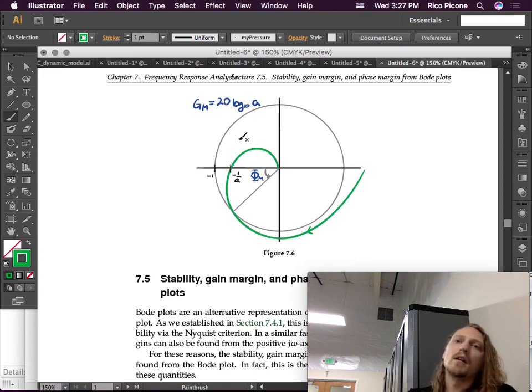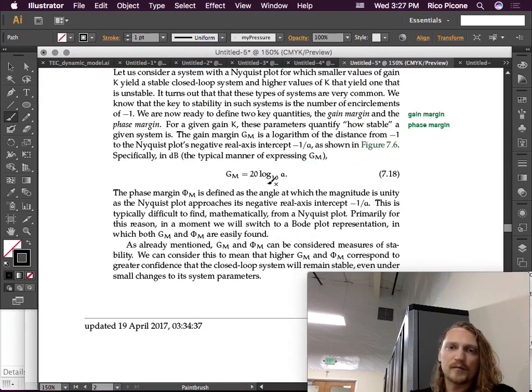Now, the phase margin is defined as the angle at which the magnitude is unity, so is 1, as the Nyquist plot approaches its negative real axis intercept -1.